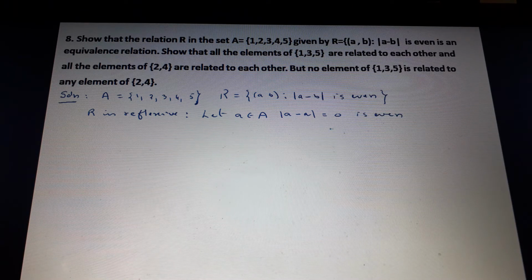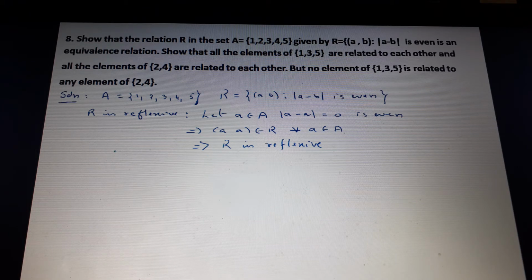This implies (a, a) belongs to R for every a belonging to this set A. This implies R is reflexive. So this is the first thing.